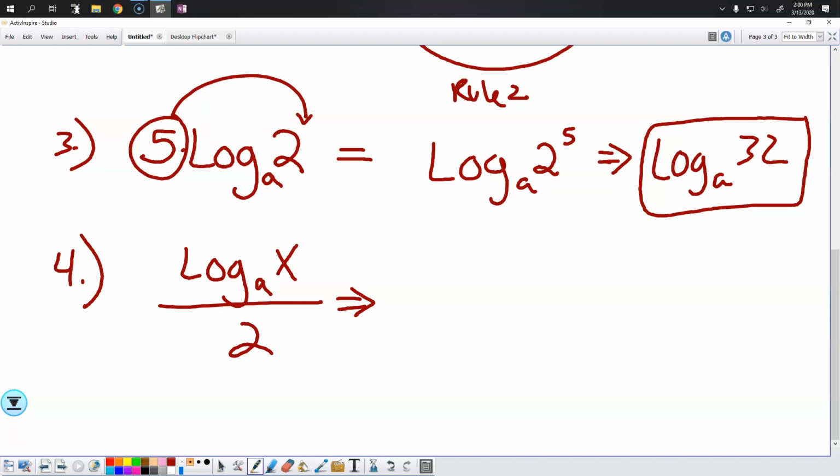Let me take a side moment here. 5 over 2. Isn't that the same thing as 1/2 times 5? Right?